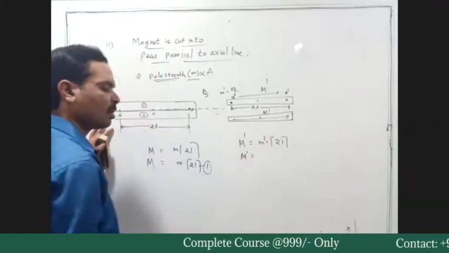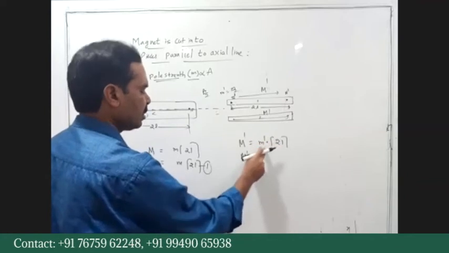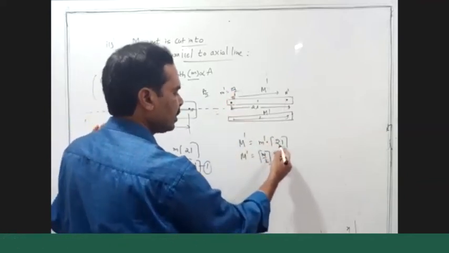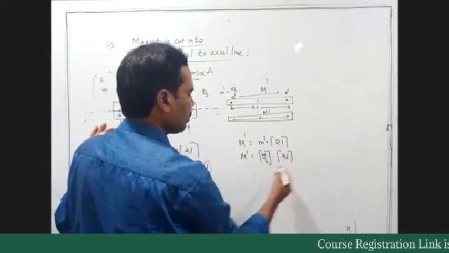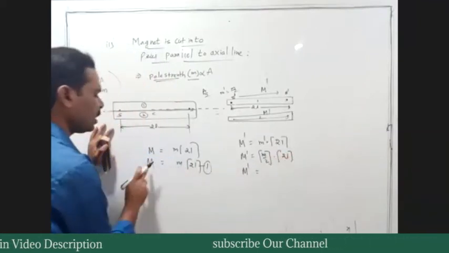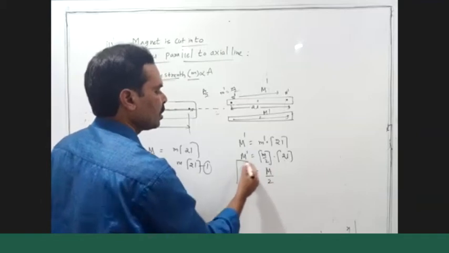Therefore, small m dash is equal to m by 2 into 2l. So again here you are getting m dash equal to m into 2l, which is the initial magnetic moment capital M by 2.